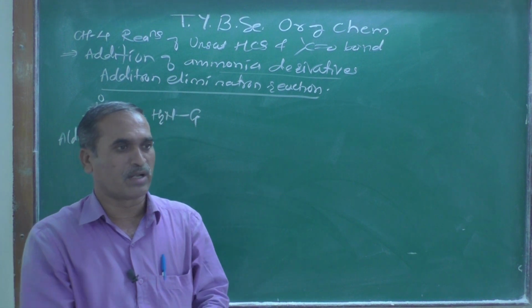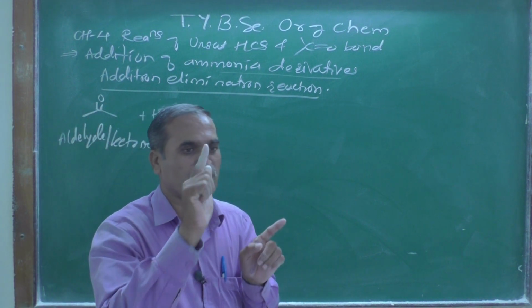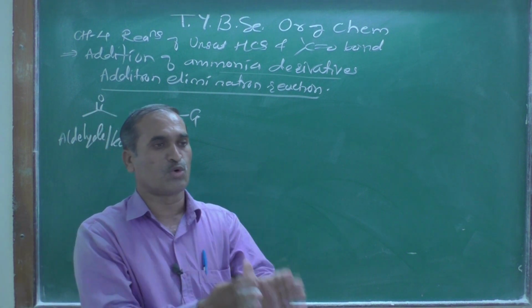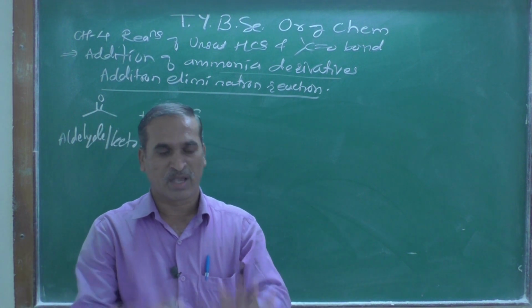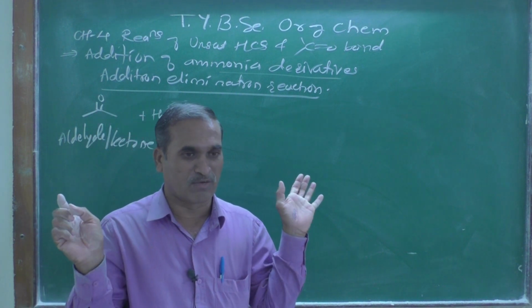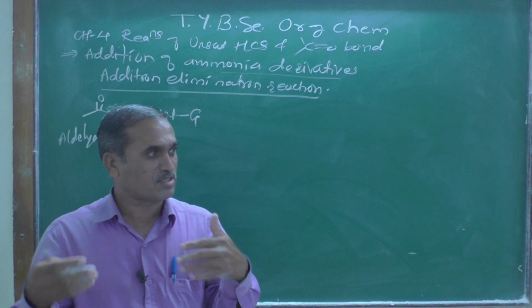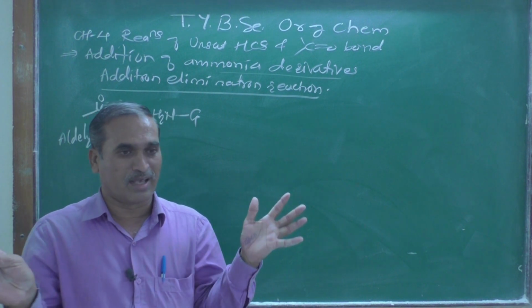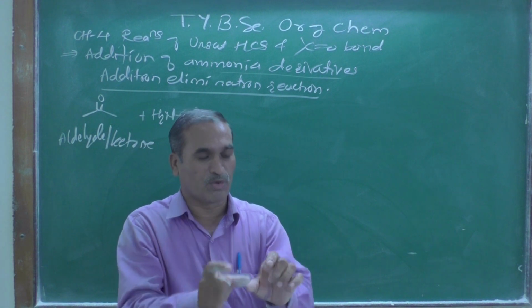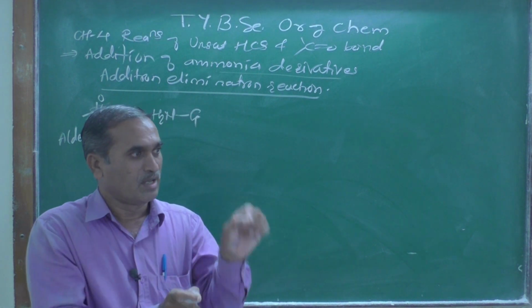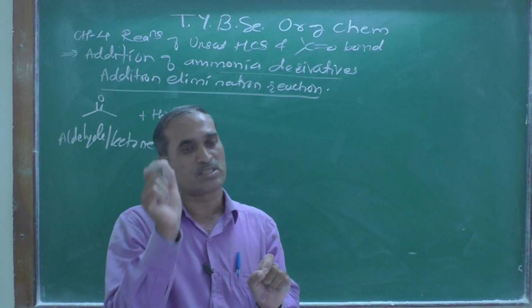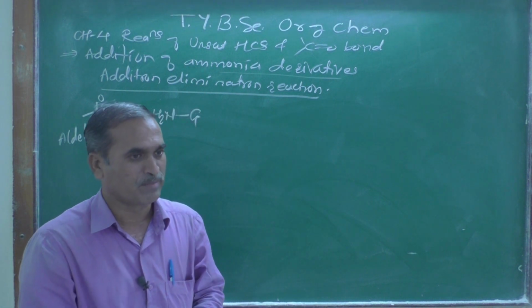And remember, pH 7 is a neutral solution. As we know, water is a universal solvent, tasteless and colorless, and it has a pH of 7, meaning neutral in nature.